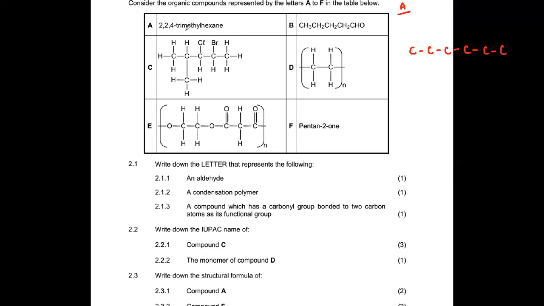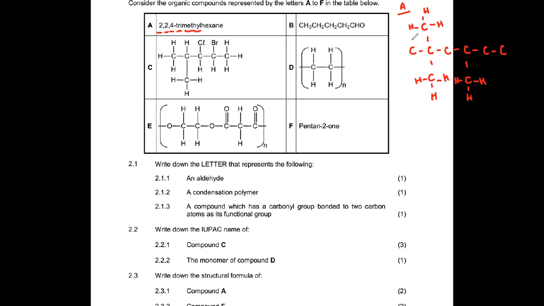I have 3 methyl groups, on the second and on the 4th carbon atom. Here I have a methyl group, so here I write CH3. And then I have another methyl group on the same carbon atom. And I have the 3rd methyl group on the 4th carbon atom. So now I have all my substituents written.